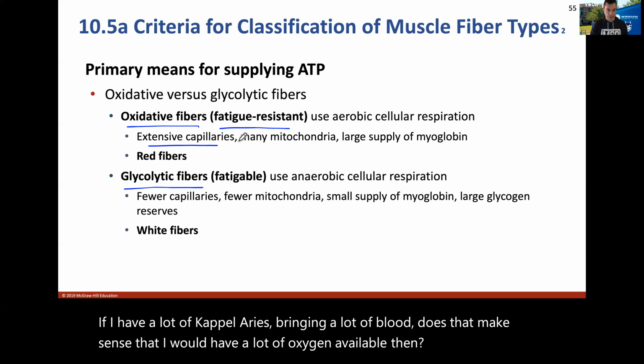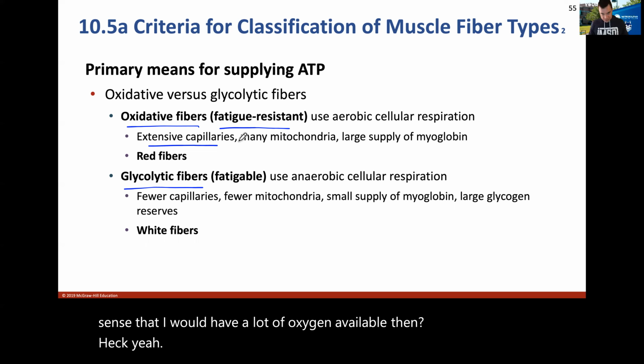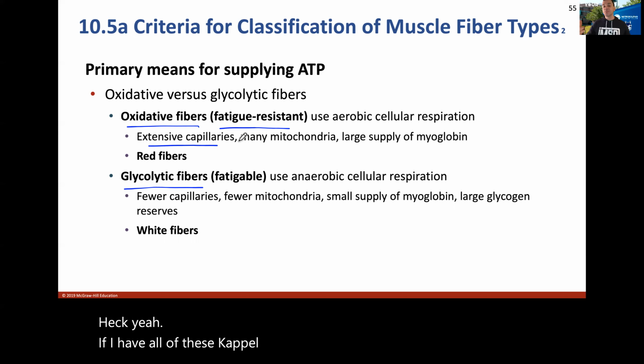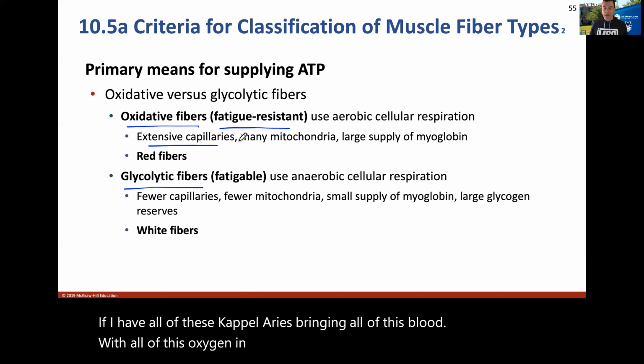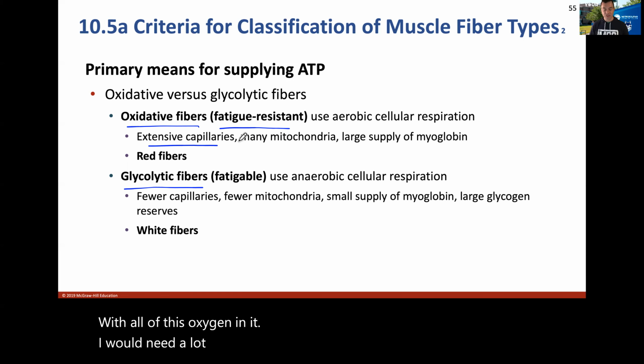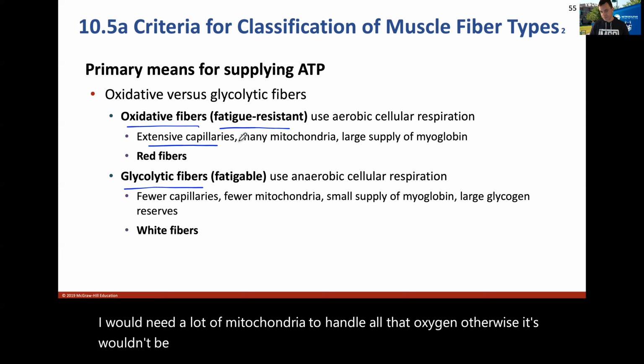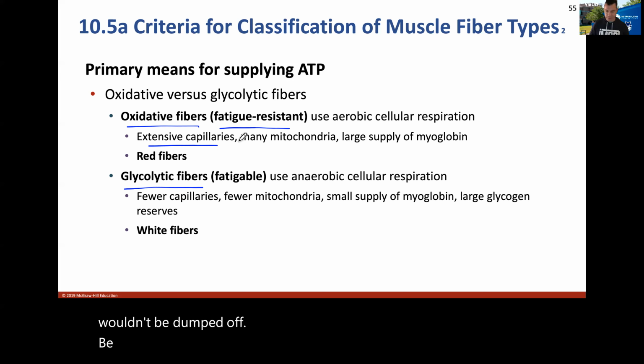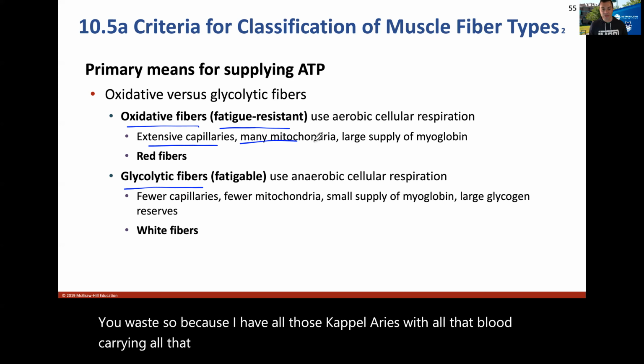Heck yeah. If I have all of these capillaries bringing all of this blood with all of this oxygen in it, I would need a lot of mitochondria to handle all that oxygen. Otherwise, it wouldn't be dumped off. It'd be a waste. So because I have all those capillaries with all that blood, carrying all that oxygen, I'm going to have a lot of mitochondria there.